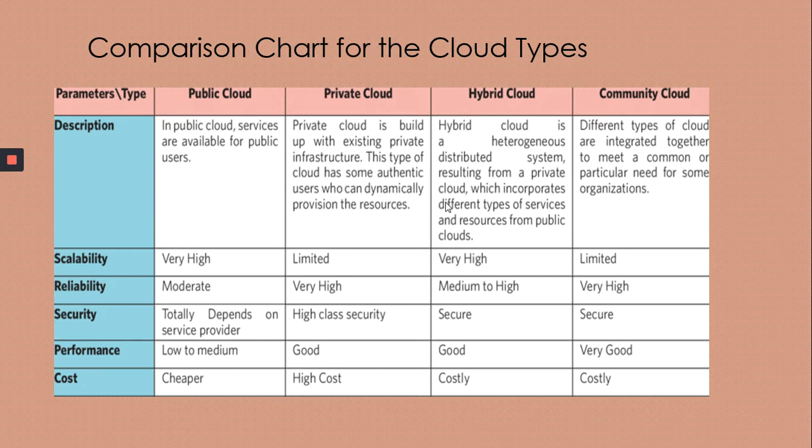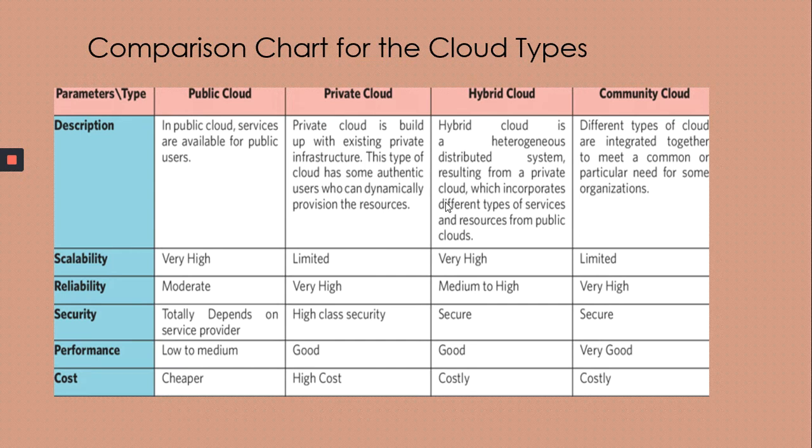For security, the private cloud has a high level of security. Next is public cloud. It depends on the service provider you are going to use, whether AWS, Azure, Oracle Cloud, or IBM Cloud. Based on the service provider, the security will vary.